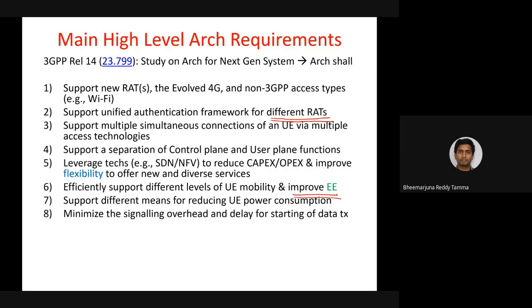Minimize the signaling overhead and reduce the latency for the start of data transfer. Many times these networks, especially the cellular networks, are very notorious in terms of signaling overhead. When you switch on your mobile phone or switch on your data, before you send, let's say, WhatsApp messages, hundreds of control messages get exchanged between your handset, the base station and the core network.